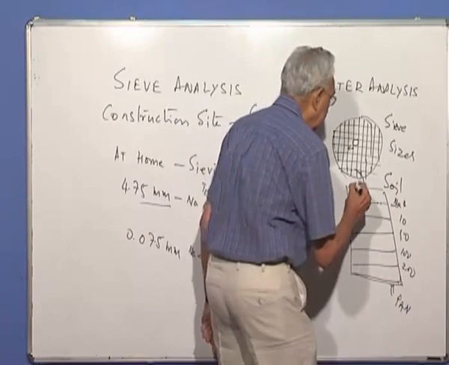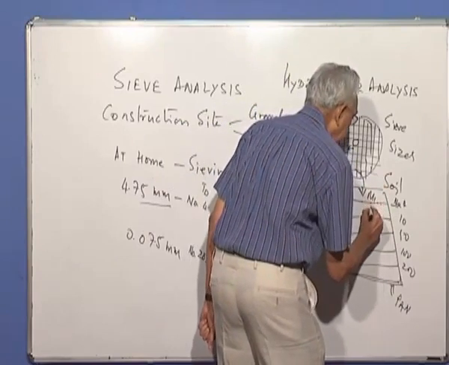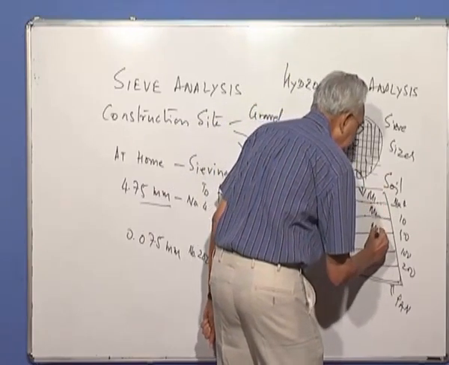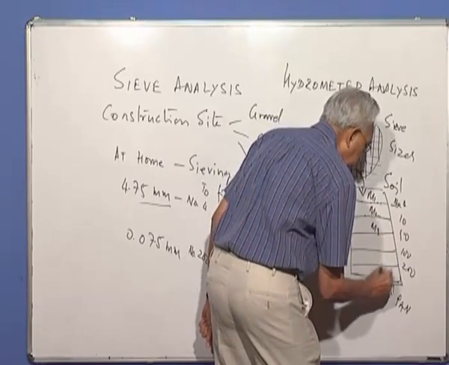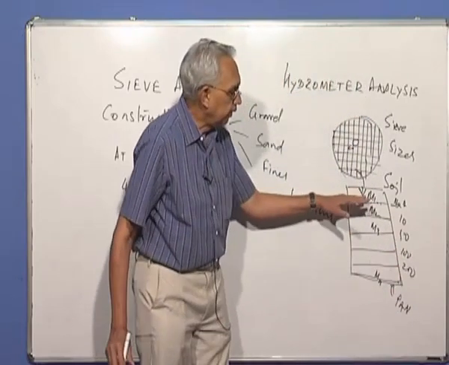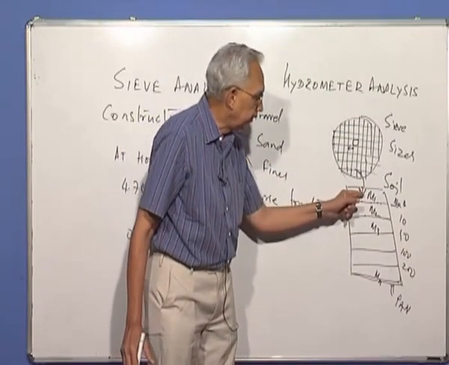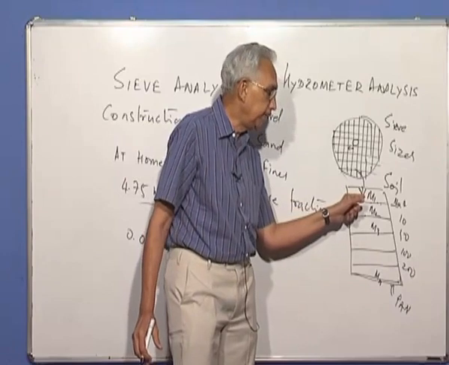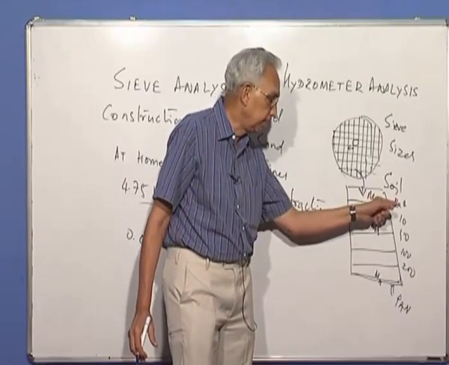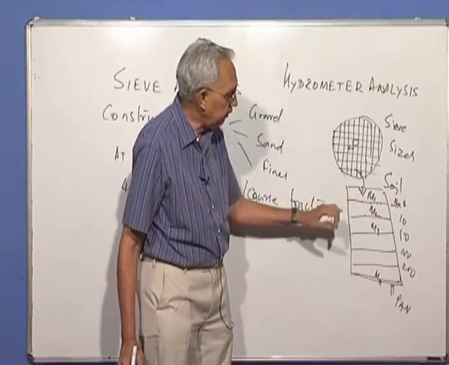So let us say I have M1, M2, M3 and Mn. What I am trying to say is I can find out, if I put say 100 grams of soil, the weight of soil retained on sieve number 1, which is sieve number 4, the topmost sieve.